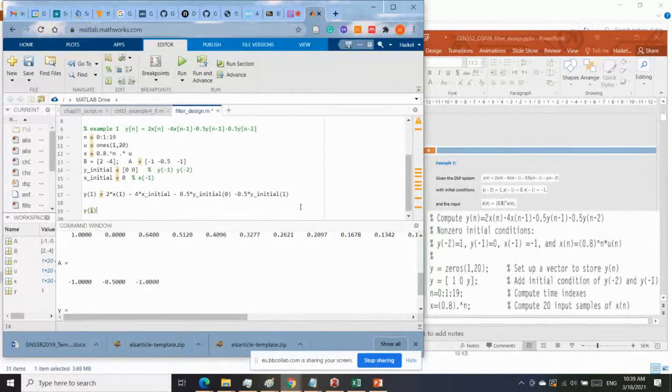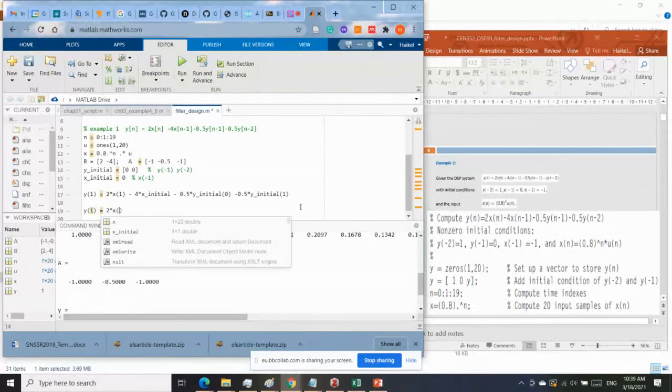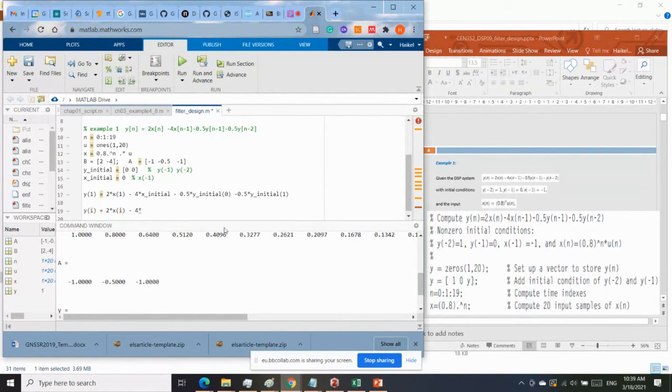For future values, once we do this, in general, it will be 2 times x of I, here will be I minus 1, and here I minus 2.